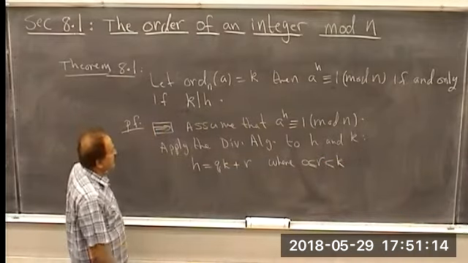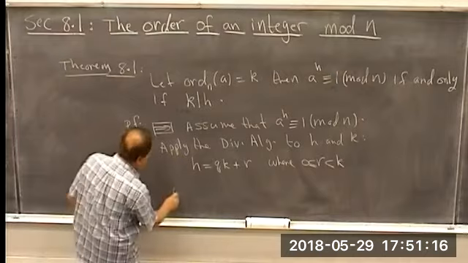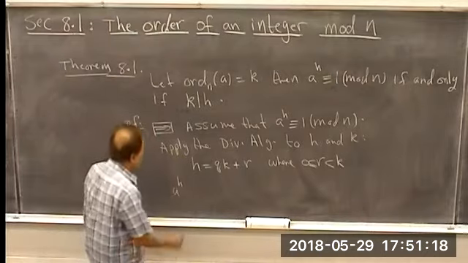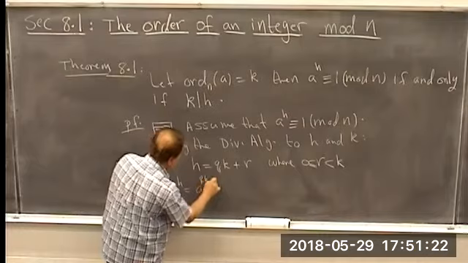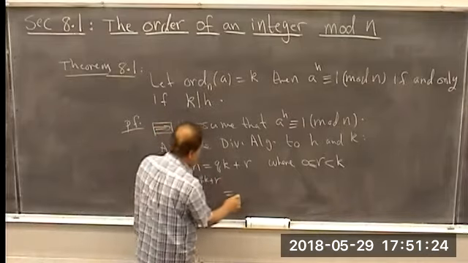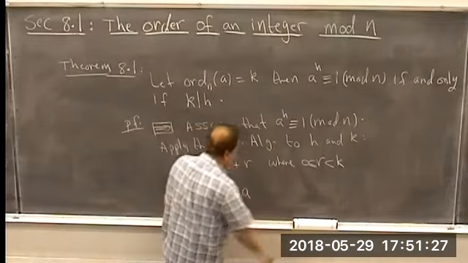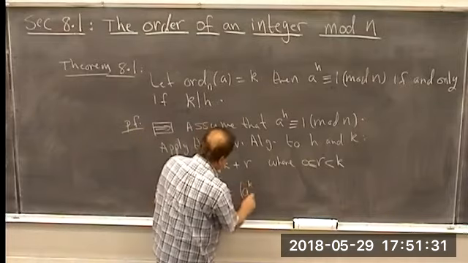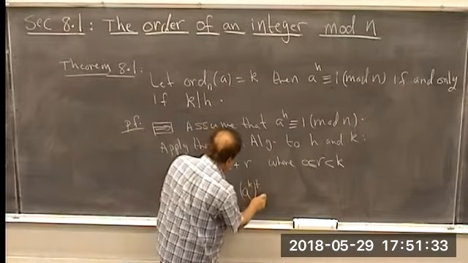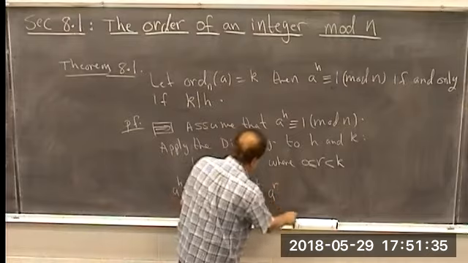Now let's raise A to the h. This is equal to A to the qk plus r, and I can separate this into two factors, A to the k to the q, and then A to the r.